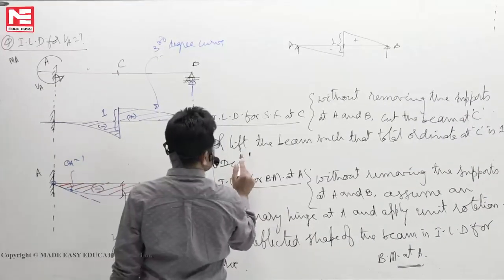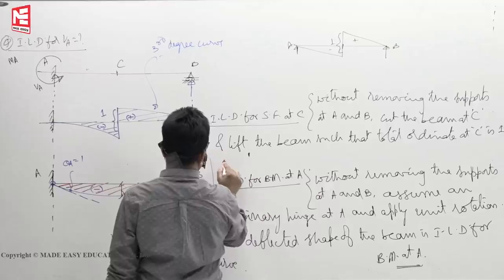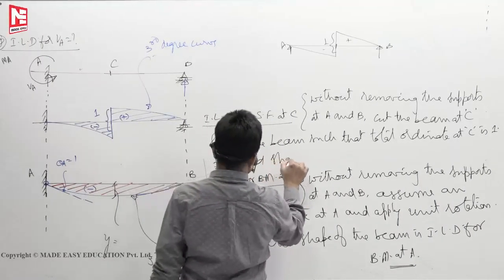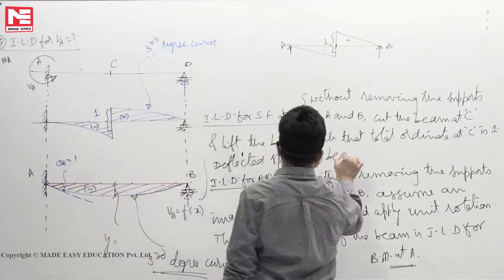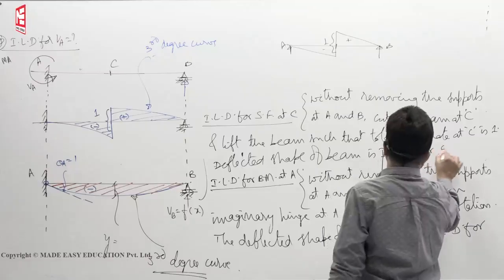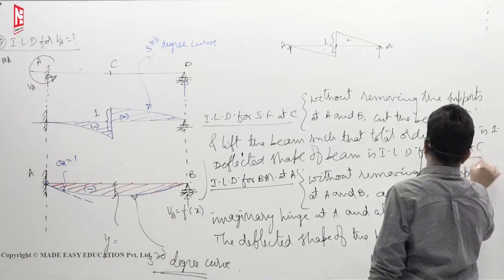Deflected at 1 as shown in figure. Deflected shape of the beam is the ILD for shear force at C.